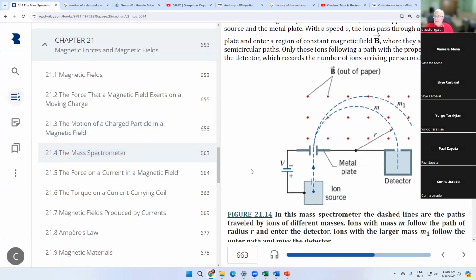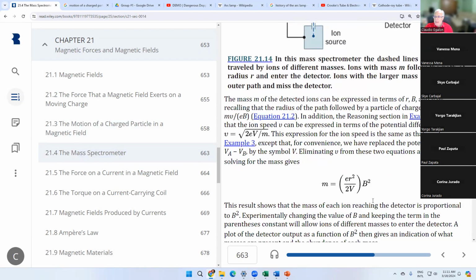Here you go. Here we have different particles undergoing different trajectories. In this case, he didn't put a velocity selector in there because we have an ion source that's already projecting those particles at a given velocity.